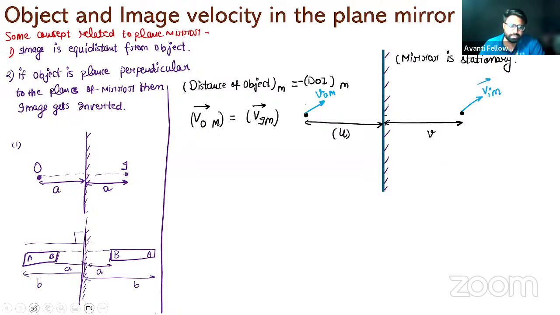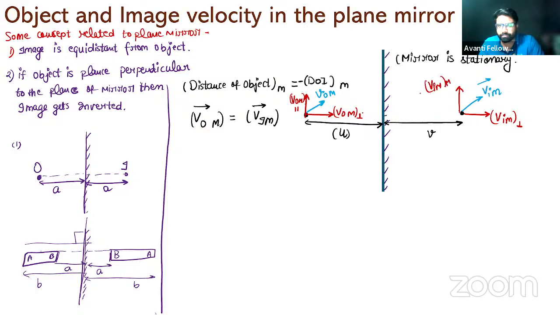So if you resolve these velocities into two components, this is the velocity of the object with respect to the mirror perpendicular, which is perpendicular to the plane mirror, and this is the velocity of the object with respect to the mirror parallel, which is parallel to the plane of the mirror. In a similar way, the velocity of the image with respect to the mirror perpendicular, and this is the velocity of the image with respect to the mirror parallel.